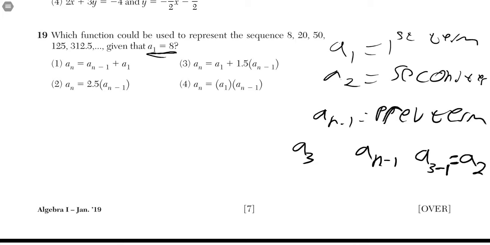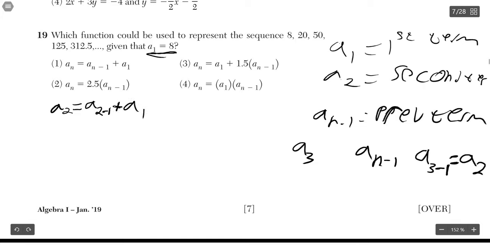Choice 1 is saying, let's check what the second term would be according to choice 1. A sub 2 would be a sub n minus 1, so 2 minus 1, plus a sub 1, which is 8, right?